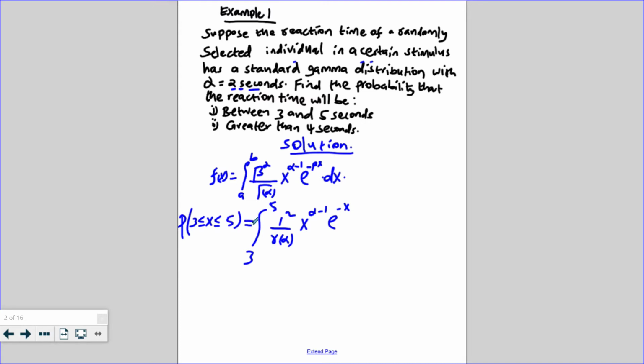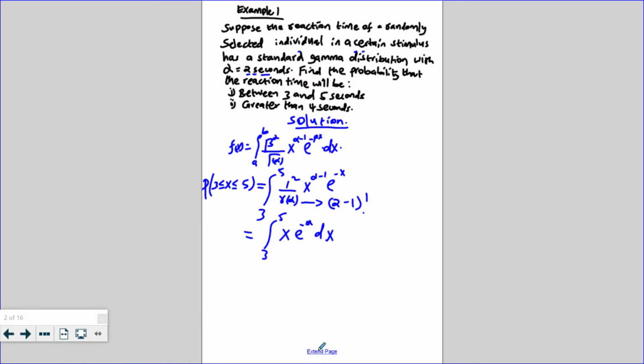Having reached that point, the next step is the integral from 3 to 5 of x to the power 1, and of course exponential negative x, then dx. Because our alpha is 2, when alpha is 2 we have 2 minus 1 factorial, and therefore we obtain 1 factorial, which gives 1, and that is why we have just excluded it in our question.